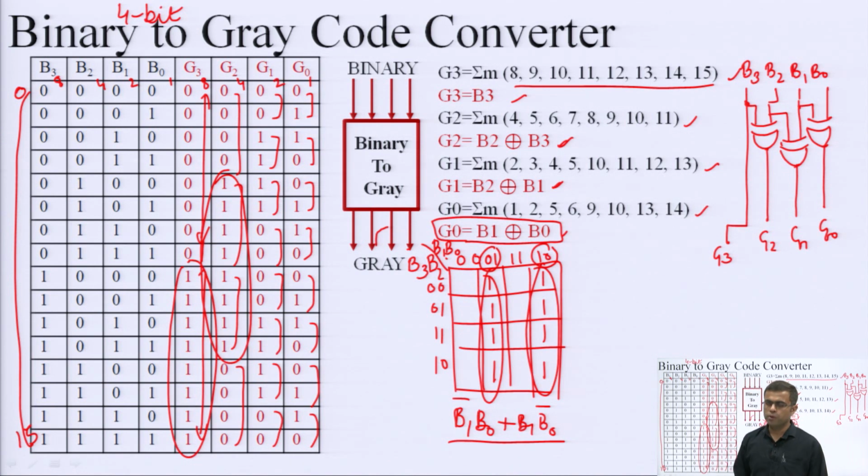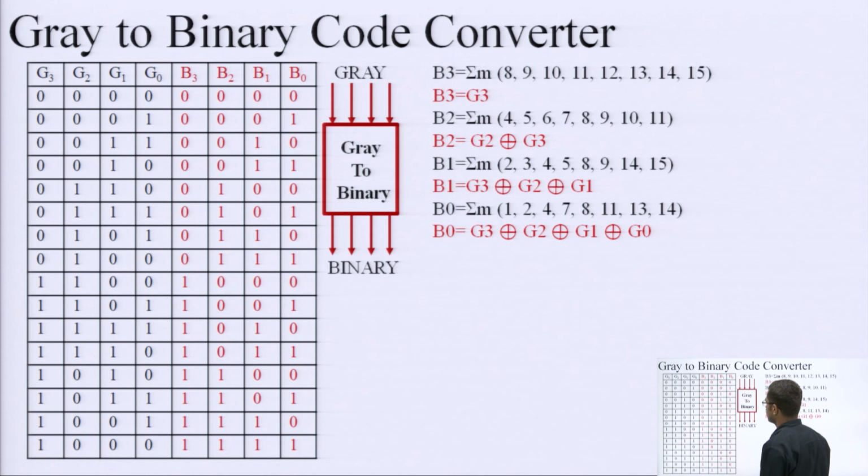Similarly, we can proceed to the reverse part of it, which is a gray to binary code converter, and for the sake of simplicity I have simply reversed the position. Actually, I have written 0 to 15 in binary at the output first, that means I actually reverse engineered just to prepare the truth table easily. Otherwise, we have to convert gray into binary separately.